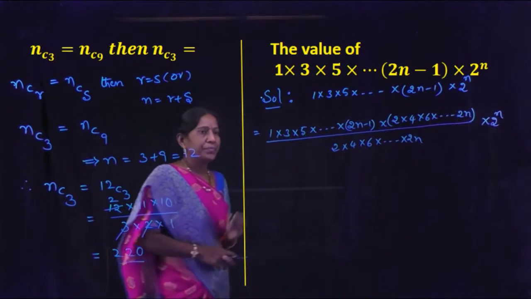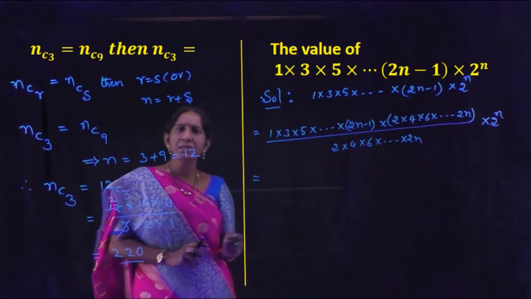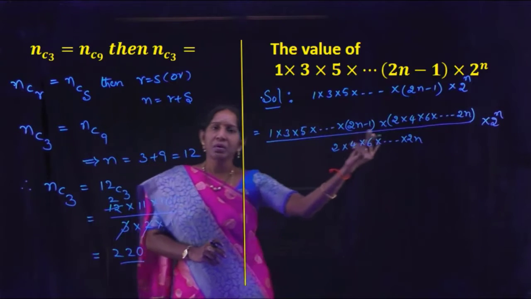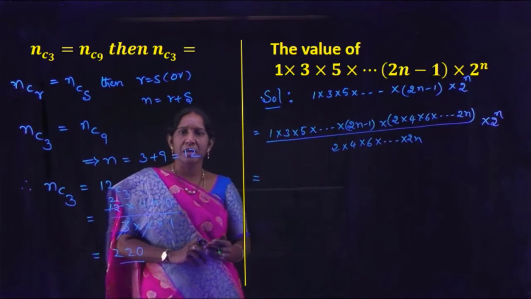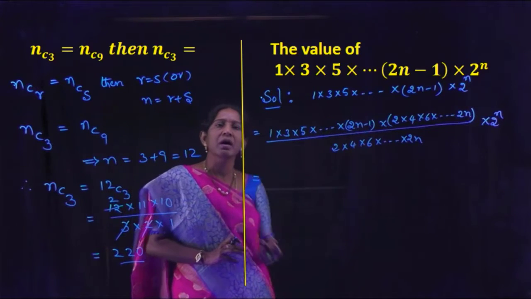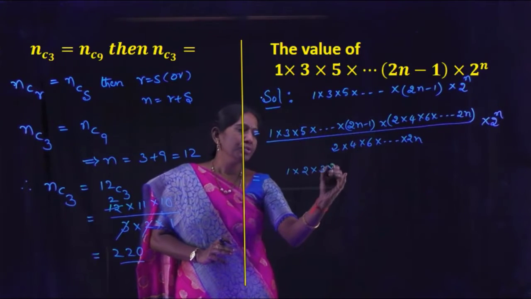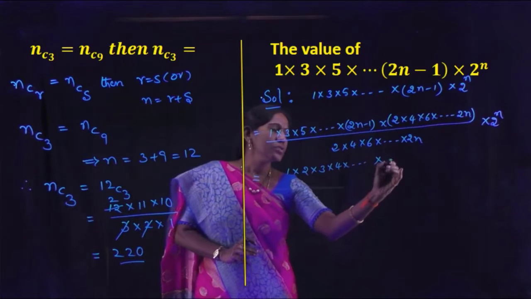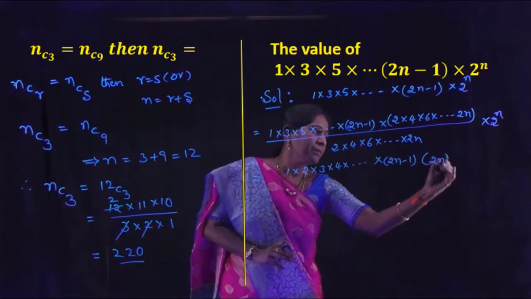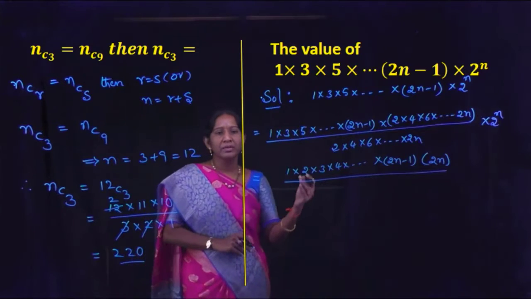Now, if you observe the numerator part, 1 into 3 into 5 and so on, (2n minus 1) into 2 into 4 into 6 and so on, 2n, we can write this as 1 into 2 into 3 into 4 and so on, (2n minus 1) into 2n. Come to the denominator part, 2 into 4 into 6 and so on, 2n.